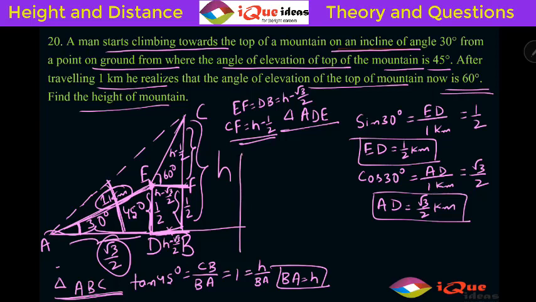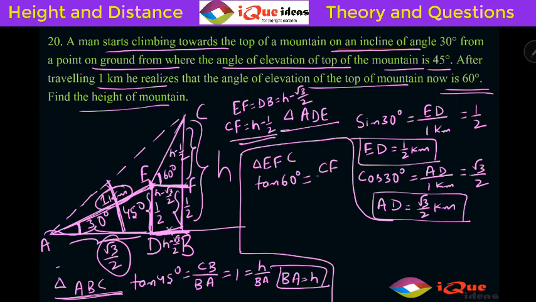Why? Because now what we will do is we will use triangle EFC. In that triangle, the angle is 60 degree, so we say tan 60 degree will be equal to side opposite to 60 degree will be CF and adjacent to 60 degree will be EF.